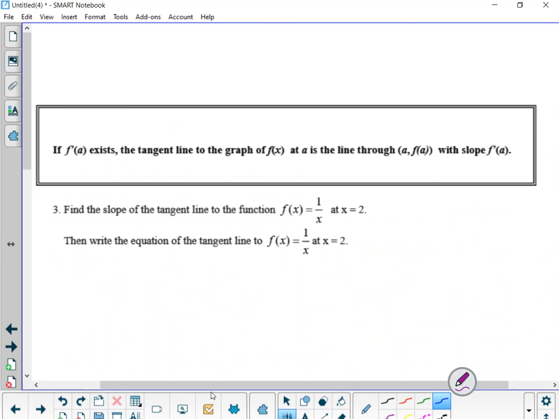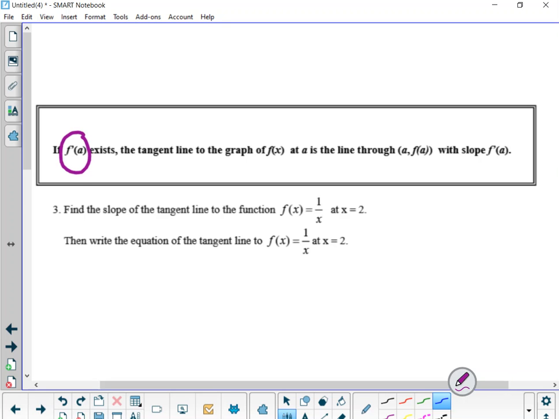Okay, last part. Instantaneous rate of change, derivative. Also called the slope of the tangent line.